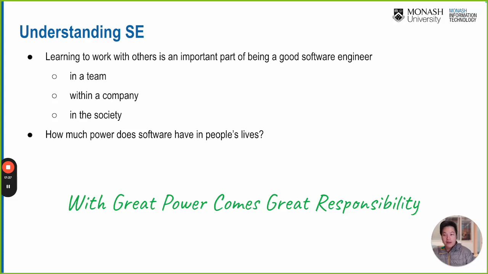So one piece of software has a lot of power to impact people's lives, and as in one of the movies, with great power comes great responsibility. Let's assume that you go to the hospital, and the hospital uses software that will automatically prescribe the medication that you really need.